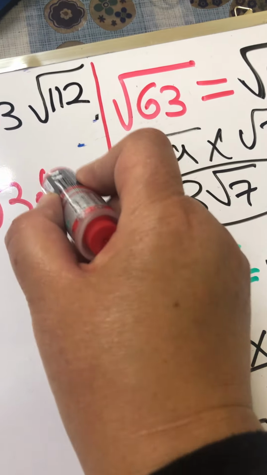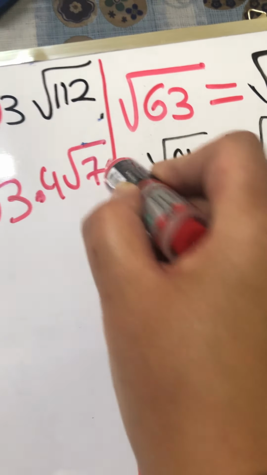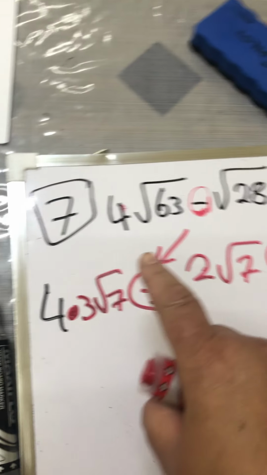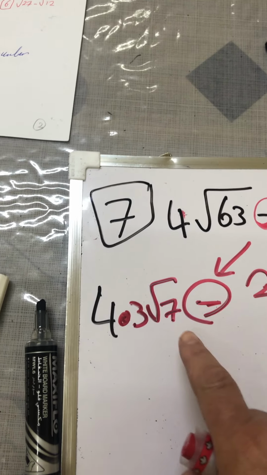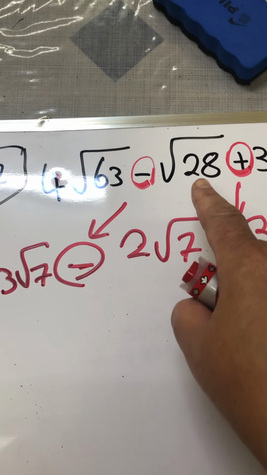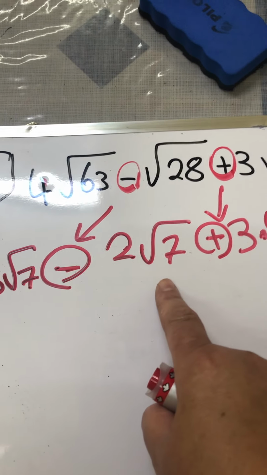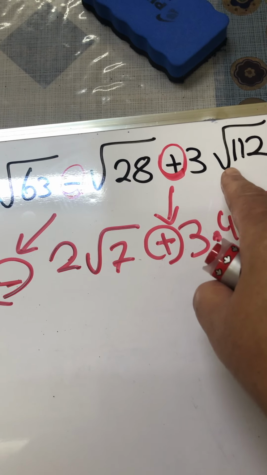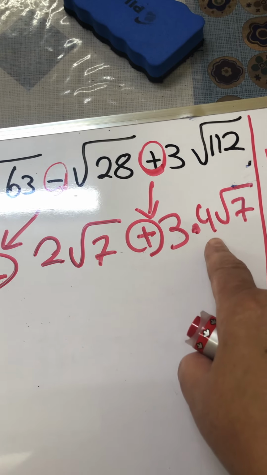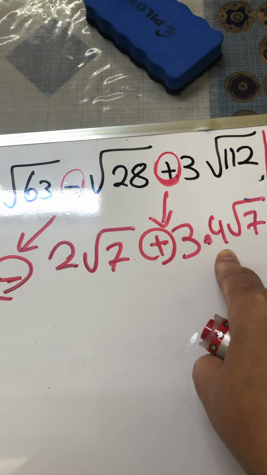So times 4 square root of 7. You understand what happened? I write the simplification of 63, which is 3 square root 7. I write the simplification of 28, which is 2 square root of 7. I write the simplification of square root 112 as 4 square root of 7.